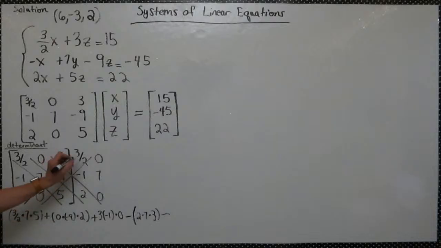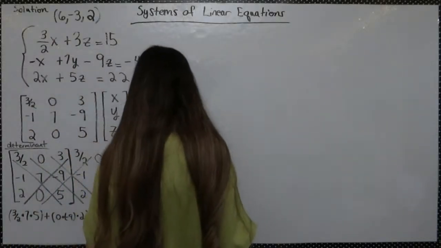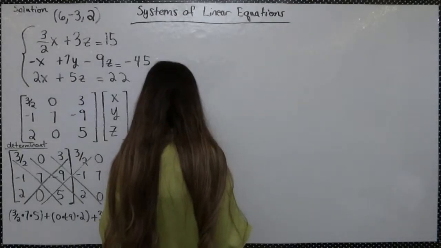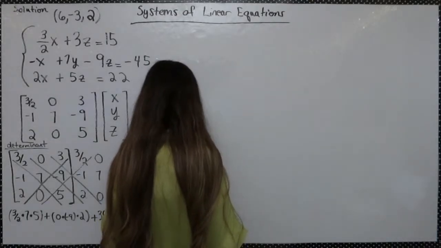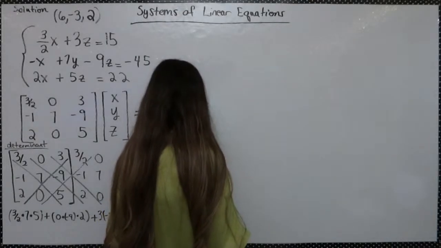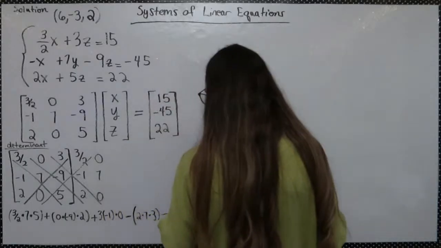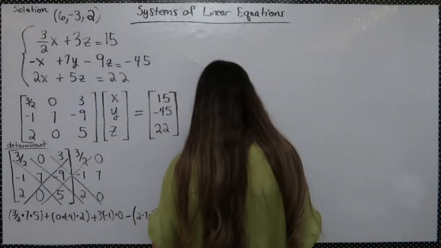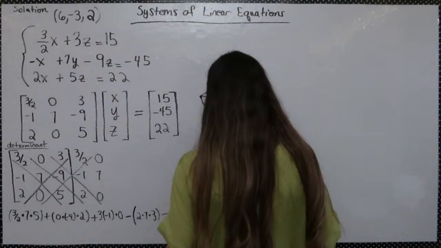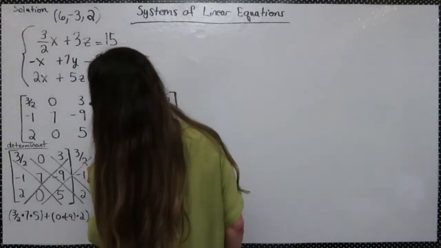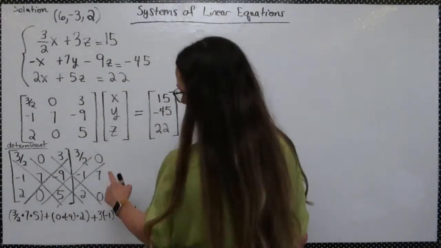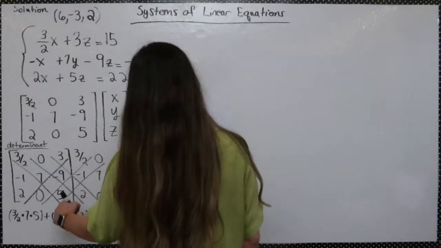So it's going to be 3/2 times 9 times 0, or -9 rather. 3/2 times -9, we'll just put a parentheses, times 0. And then we have one more diagonal, it's this one here, 0 times -1 times 5.